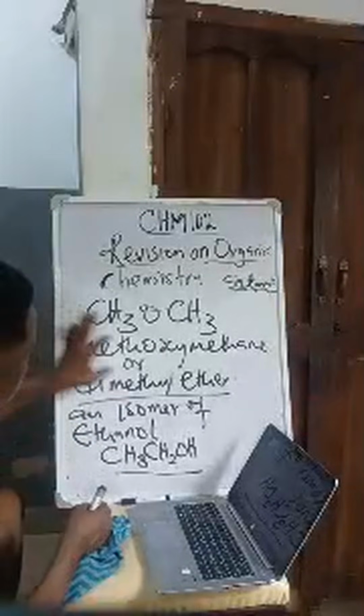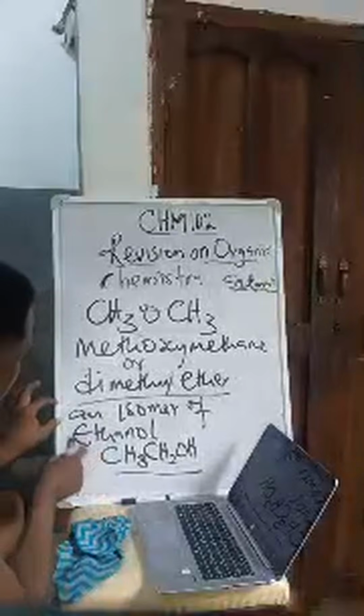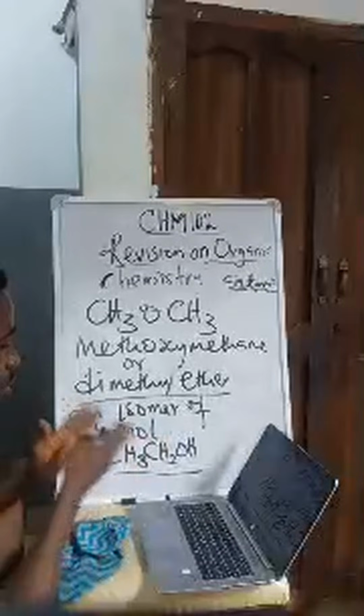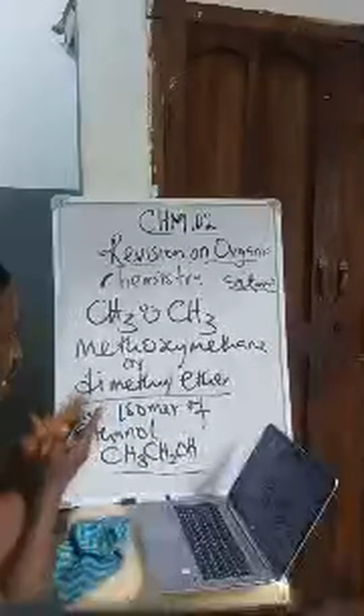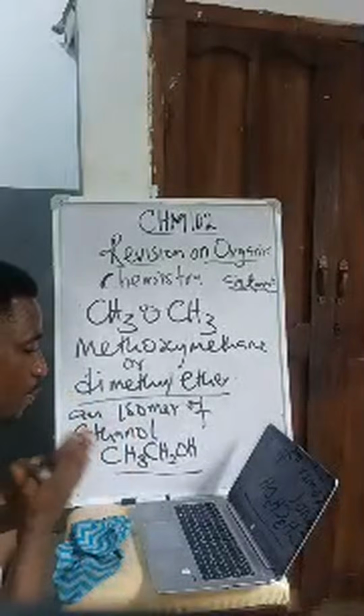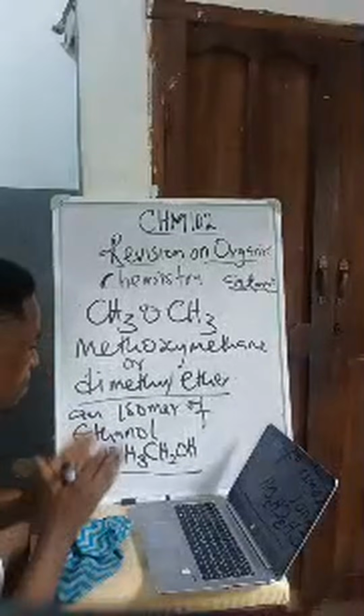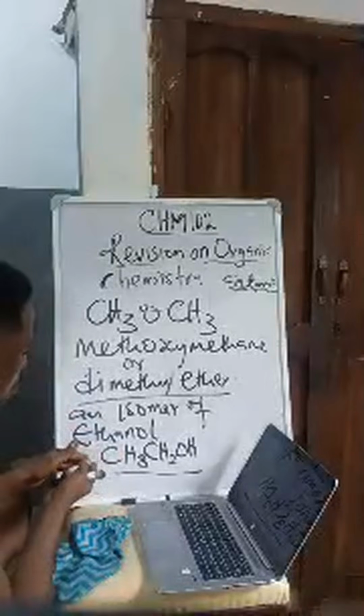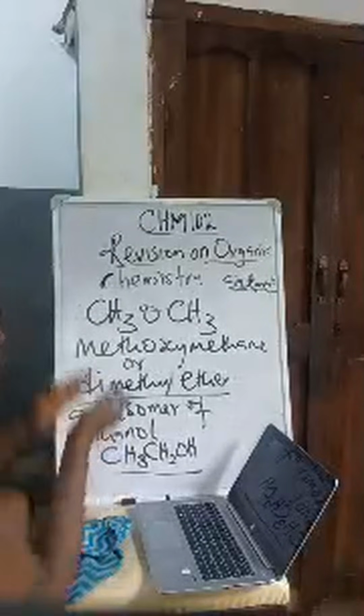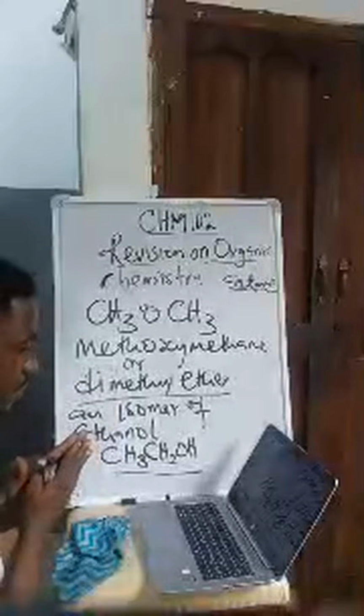Now, look at these two. Methoxymethane and ethanol. They are isomers of each other. They exist as what we call functional group isomerism. Because the functional group of ethanol is quite different from that of what? Ether.